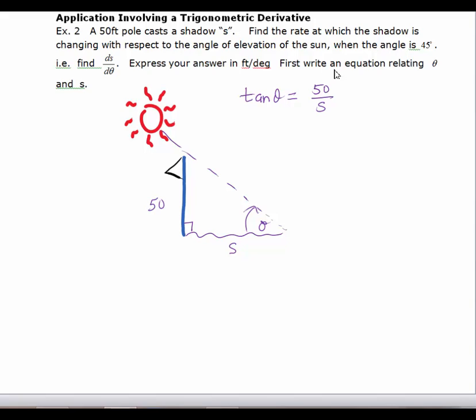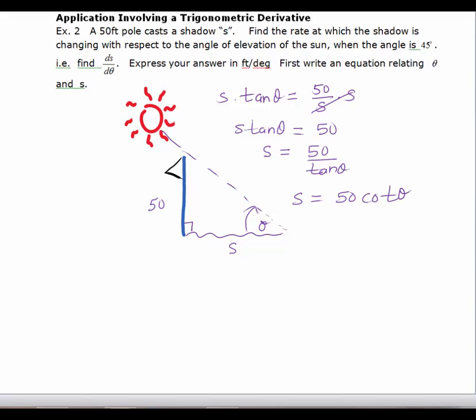Now I want to solve for s, so I want to get s out of the denominator. I'm going to multiply both sides by s, so I get s tan theta is equal to 50. Canceling the s's, if I divide both sides by tan, I get s equals 50 divided by tan theta. But it's much easier to look at that as s equals 50 cotan theta.